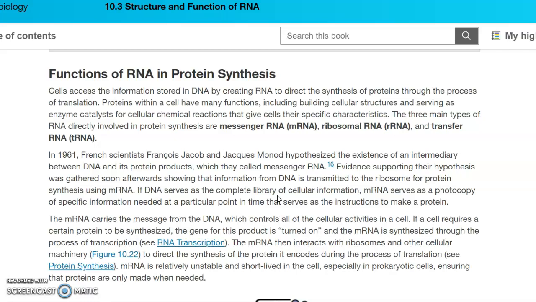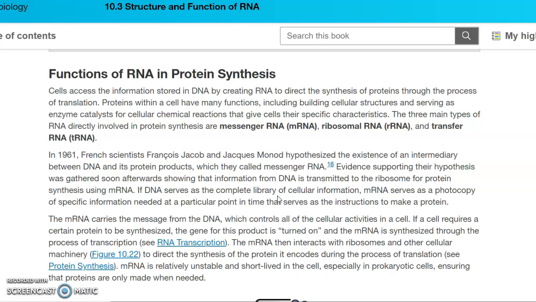There are 3 types of RNA that can be made: messenger RNA, ribosomal RNA, and transfer RNA. And we abbreviate those with mRNA, rRNA, and tRNA, as you see there. So the intermediary, the first one really that was discovered, was the mRNA, or the messenger RNA.